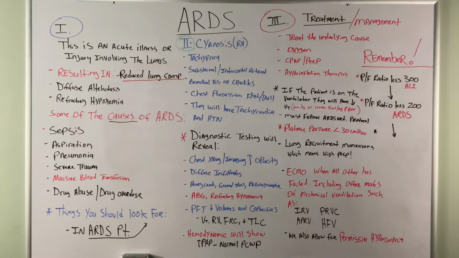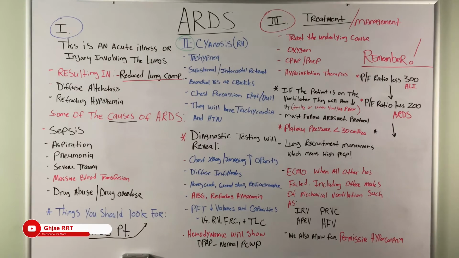These patients would have tachycardia and hypertension. I can't stress enough how important this information is that I have on the board tonight, because you will see all of this in some form on the TMC exam. You have to know this like the back of your hand.